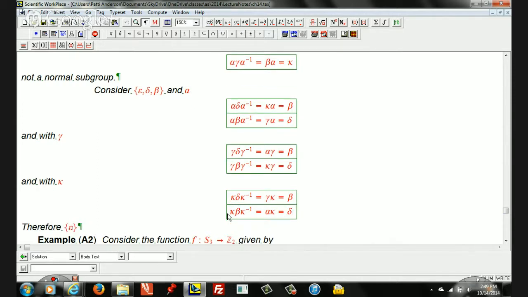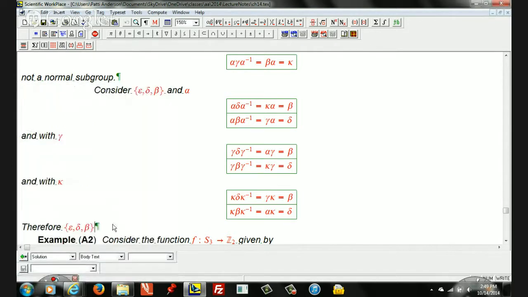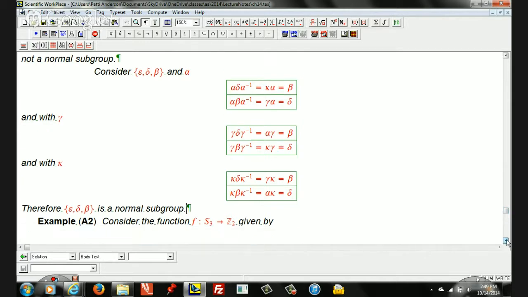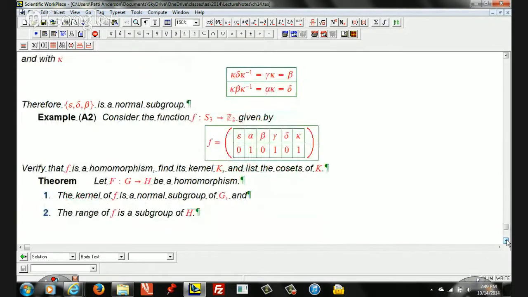Therefore, our subgroup epsilon, delta, beta is a normal subgroup. I really don't want to do that. So do you guys understand how to calculate if a subgroup is a normal subgroup? You do it pretty much by exhaustion unless you know some properties about the group. Okay, so that ends up being the only normal subgroup for S3.